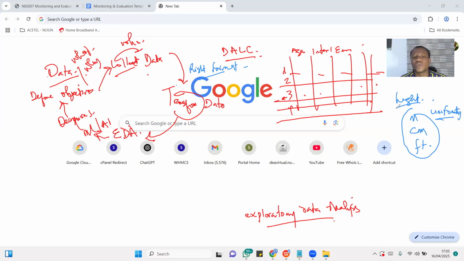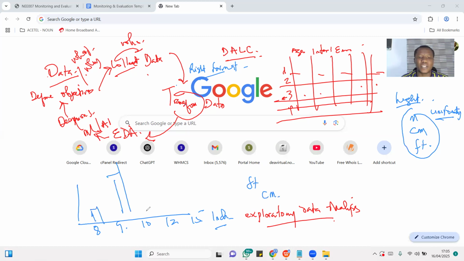You must indicate the unit, and if you didn't, or people entered it wrongly, imagine you want to know the size of shoes, let's say size 8, size 9, size 10, size 12, size 15. But this is in inch. Imagine people putting their shoe size in feet or in centimeter. You see that if you want to draw a graph of your highest request of shoe size, you're going to get it all wrong.